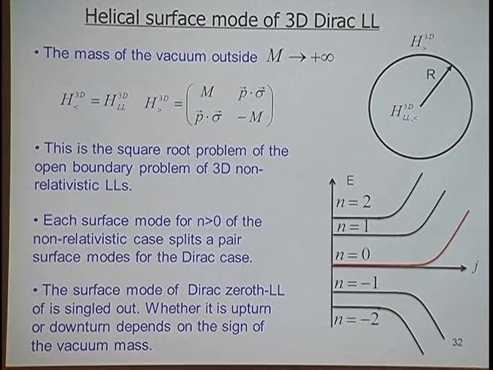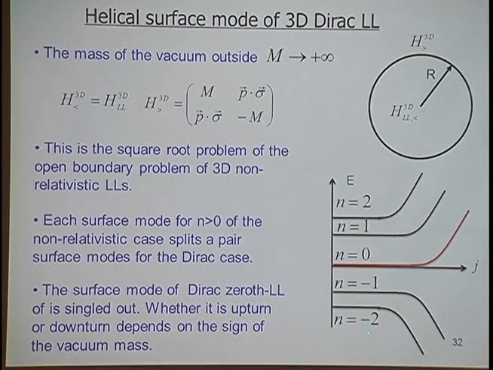And again, we can solve this edge problem. We choose a sphere. Inside the sphere is a 3-dimensional Landau level, and outside is a vacuum with a very large mass. And then again, this problem is the square root of the boundary problem of the non-relativistic case we saw before. So the spectrum should be a square root.